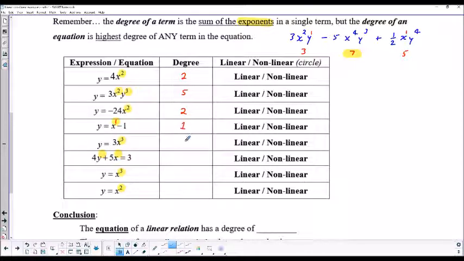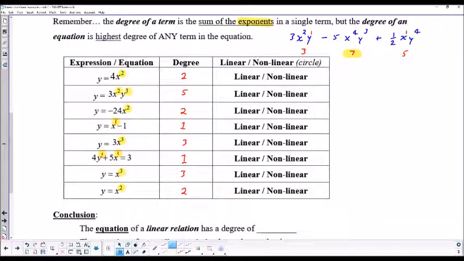Here the degree is 3. Each one of these are different terms, so the degree is just the highest exponent of any one term, and because these are different terms, we don't add them together. So the degree there is 1. Here the degree is 3, and here the degree is 2.